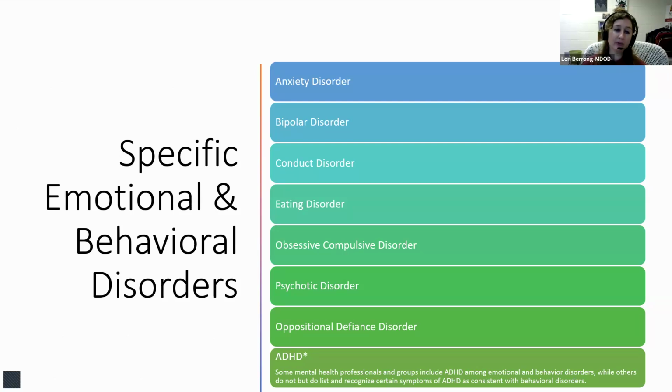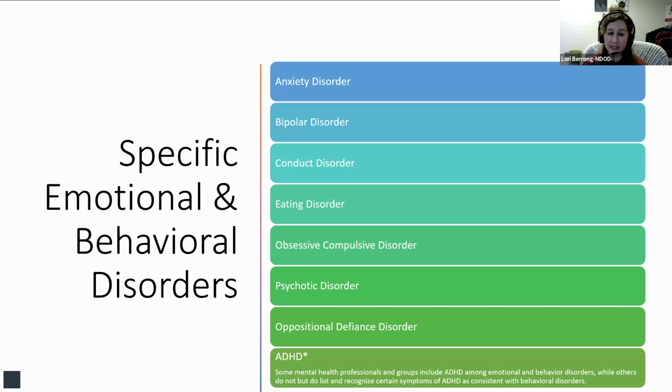Specific emotional and behavioral disorders. So this is a general list. And I'm going to talk a little bit further about ADHD, but some that fall under this umbrella of EBDs include anxiety, bipolar, conduct disorder, eating disorders, obsessive compulsive disorder, sometimes called OCD, psychotic disorder, oppositional defiance disorder, and ADHD.